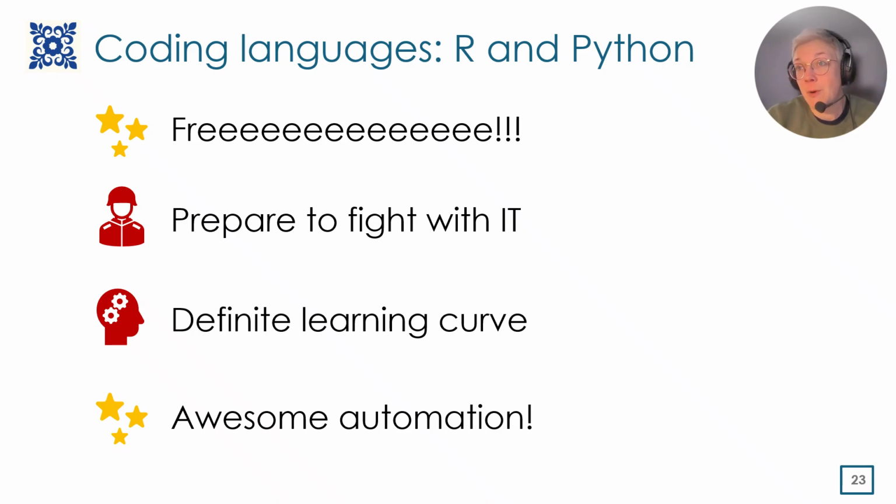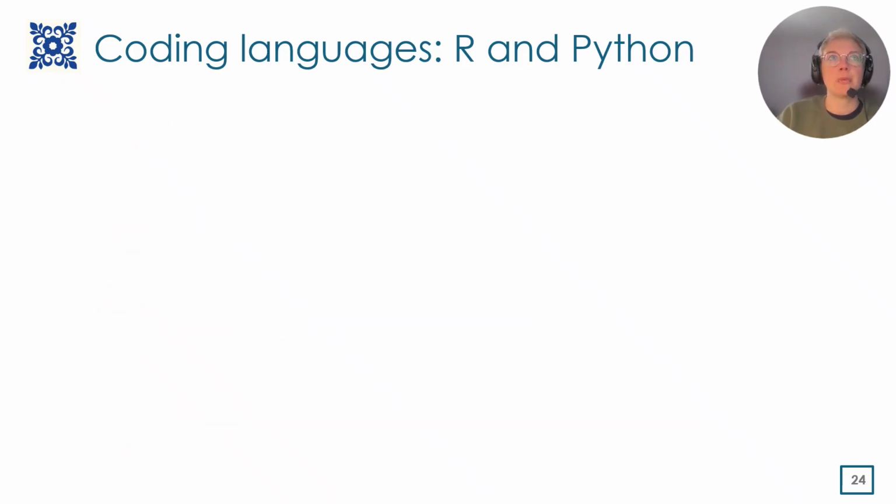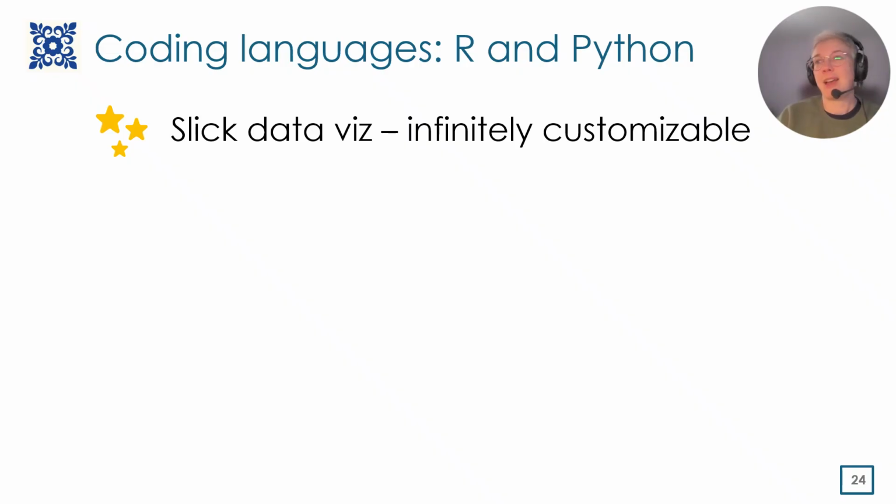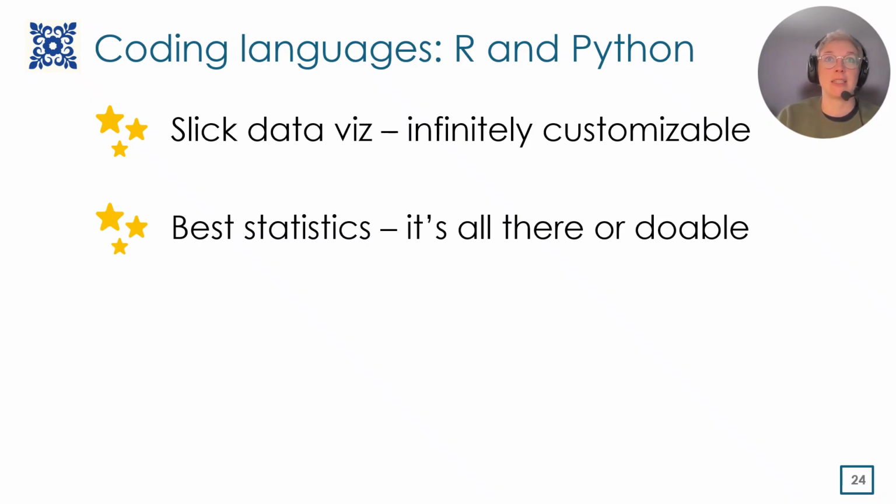Awesome automation, of course. That's what coding languages are sort of built for, that and statistical analysis, especially in the case of R. So awesome automation, you can do pretty much what you want with it. They have slick data visualizations. It's infinitely customizable, and you have the best statistics of all the software I've presented.